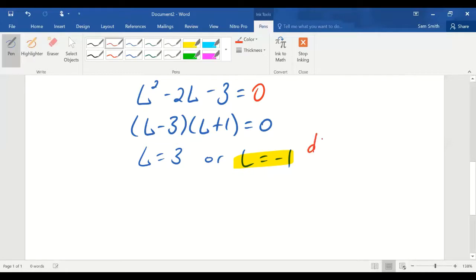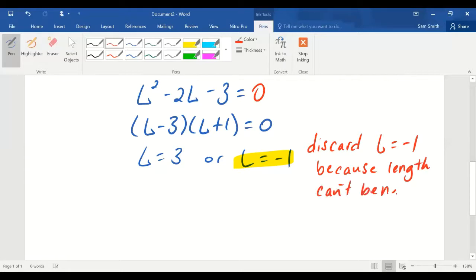So I'm going to discard the solution. It was perfectly valid mathematically, but I'm going to discard L equals -1 because here in the real world, length can't be negative. And my final answer to this question would be L equals 3.